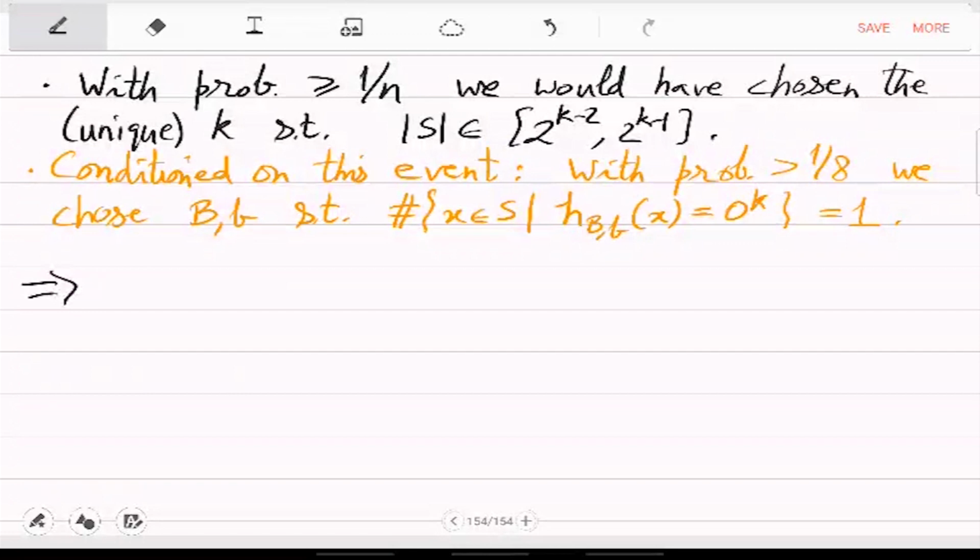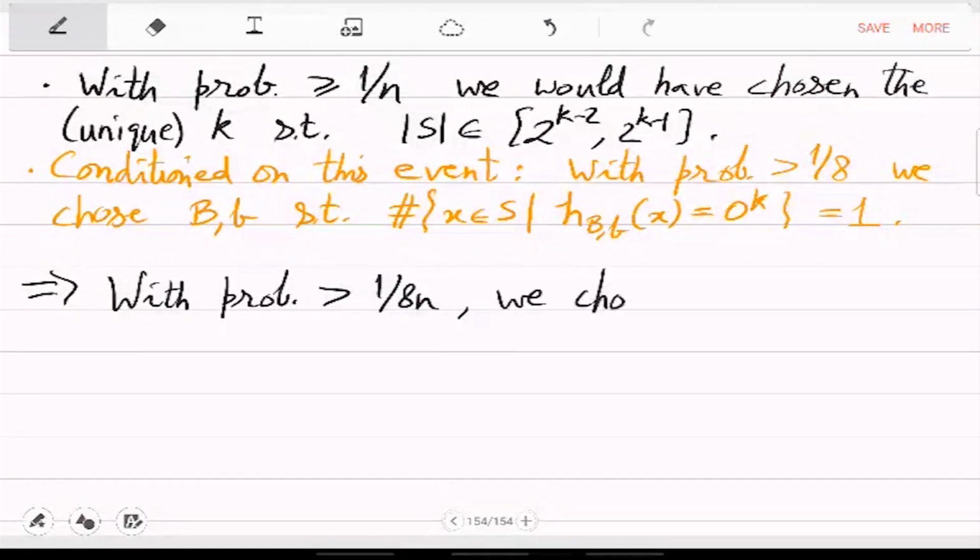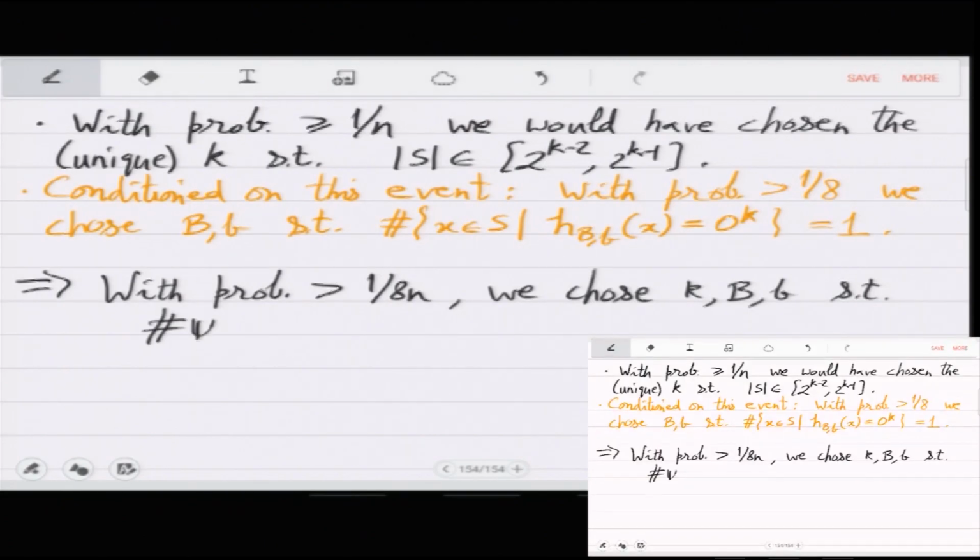So, at least with probability 1 by A10, we would have K, P and B. So, we have chosen a hash function with this much probability such that the number of satisfying assignments of psi is 1. Okay. Hence odd.